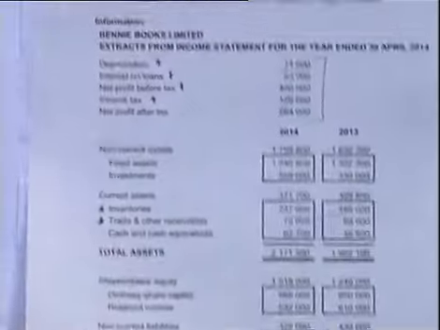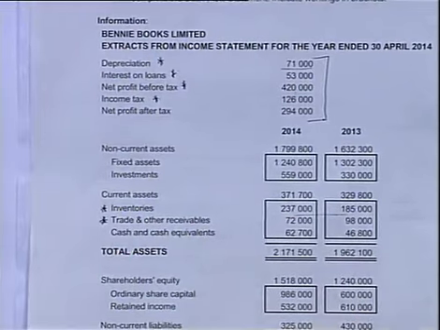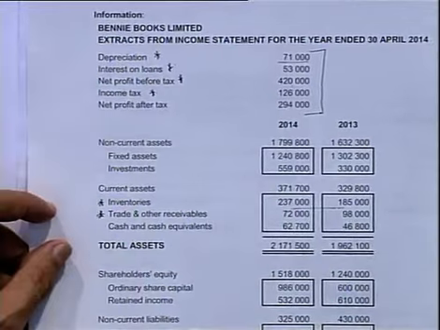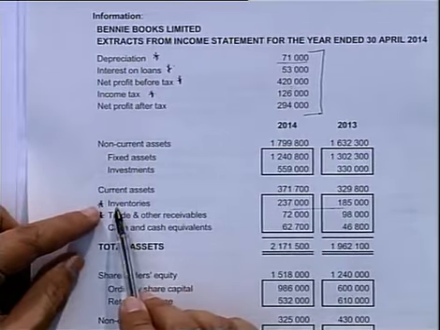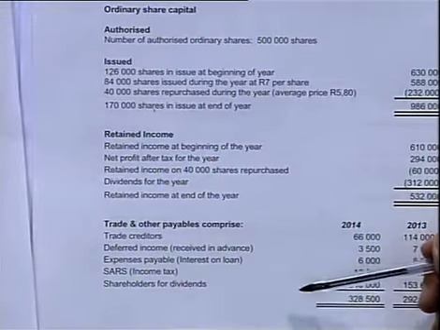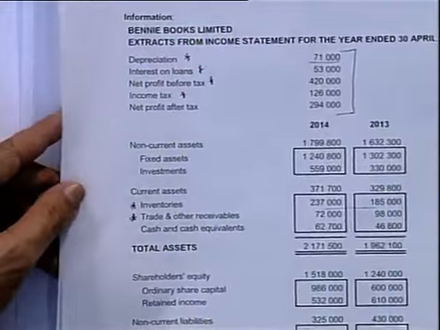Again, if there are no notes for any of these figures that we marked with the asterisk, then we only use the figures straight from the balance sheet. For inventory, for example, there's no additional information regarding the inventory. So we have to use the figures straight from the balance sheets.